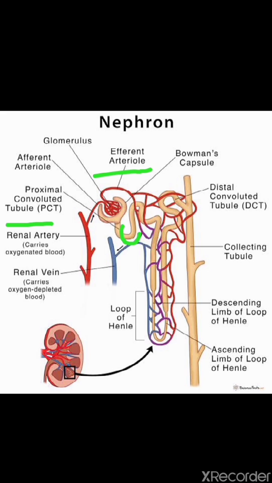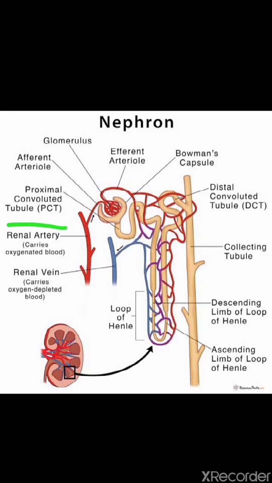Loop of Henle, this part is known as loop of Henle, and DCT, this part is known as DCT, or distal convoluted tubule. The capillaries finally join together and return the blood to renal vein. Here you can see this is renal vein.